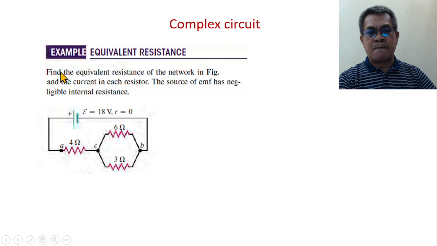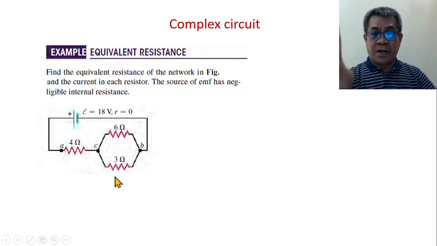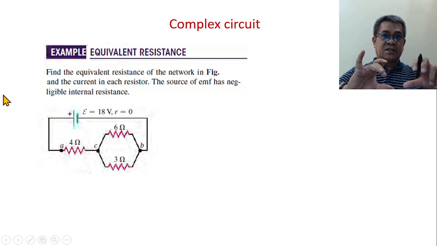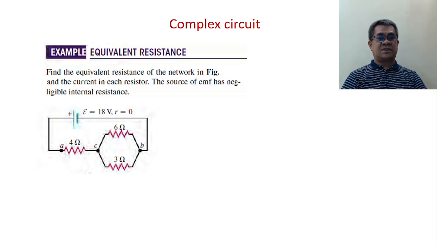But in this problem, you are asked to calculate the equivalent resistance in the network, which means that you can solve that by combining this 6 and 3 in parallel. Then the result should be added to 4. Combining 6 and 3 is actually converting the circuit into a simple series.